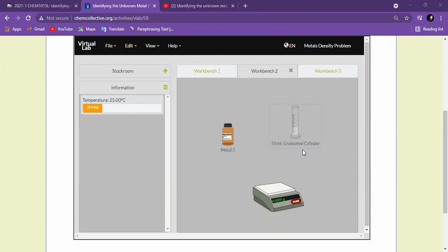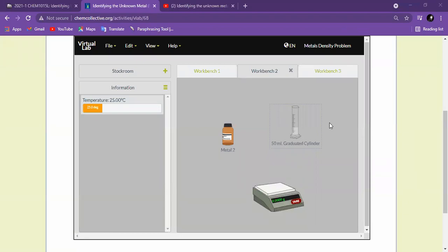So we will divide by the volume, which was 16 milliliters again. Which will now give us 12.1 as our answer. So now we know that it is rhodium because rhodium's density is 12.4.